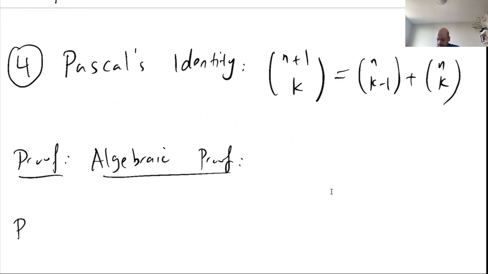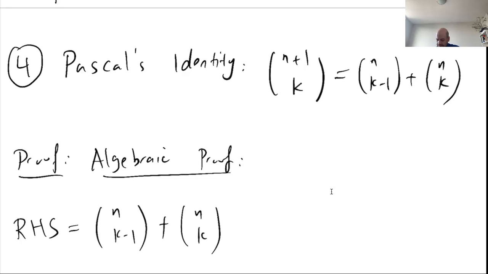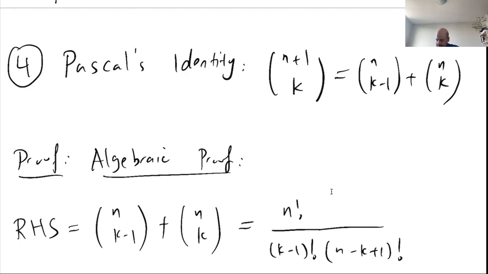If I start with the right-hand side, that's n choose k minus 1 plus n choose k. So this is n factorial over (k minus 1) factorial times (n minus k plus 1) factorial, right? Plus n factorial over k factorial times (n minus k) factorial.